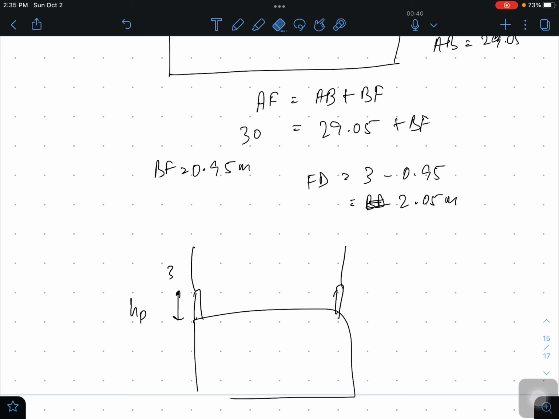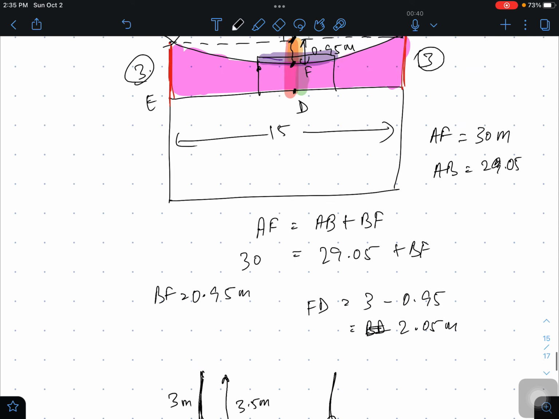If you don't have a parapet, then you can place these rods on a concrete block, on a concrete foundation, in order to increase the height by whatever is required. You can check, calculate, okay, penetration depth is sufficient, so you can evaluate accordingly the height of this foundation. 0.5 meter, this will make the length 3.5.